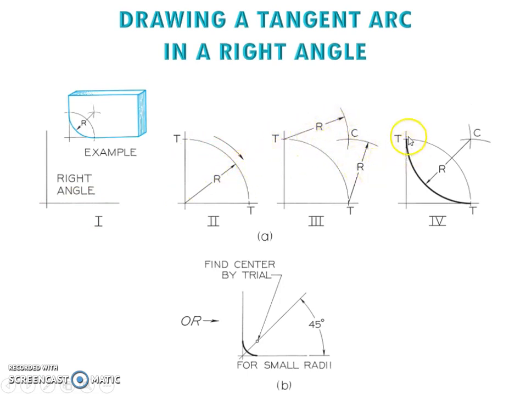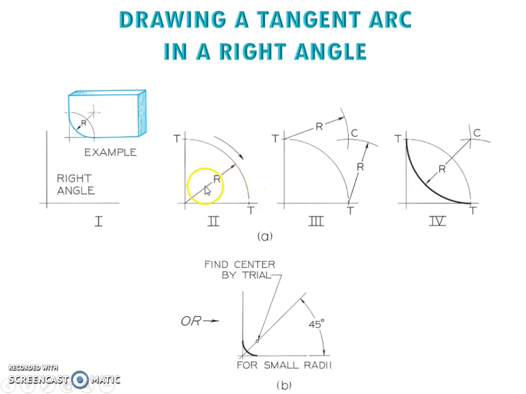How do you find the tangency where you will touch this part? For this one, you use the compass with the same radius. You put it here, and then you connect to the line over here, and you'll get 2 points over here. So this will be the tangency point.